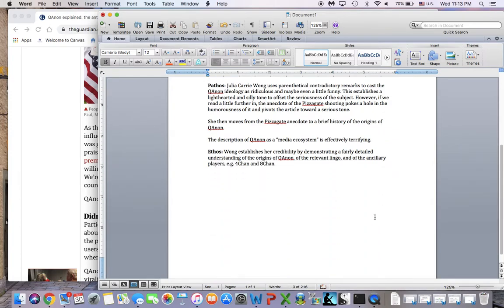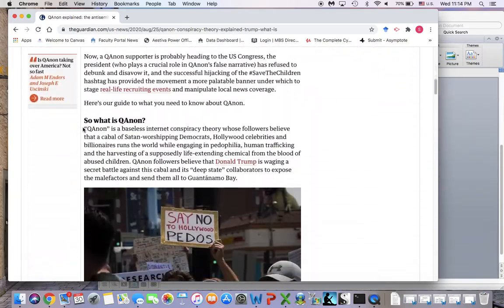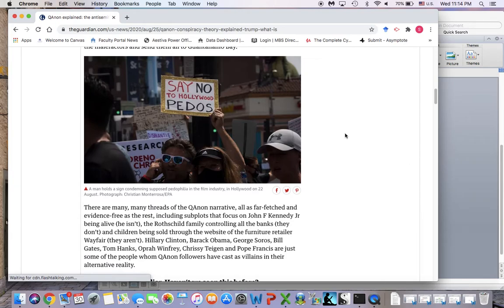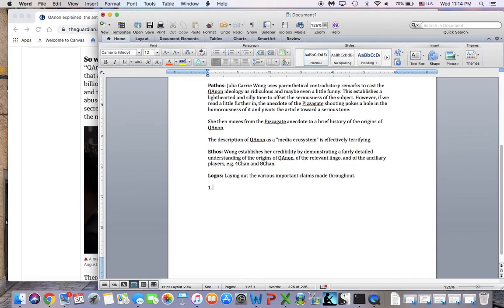So now logos. This is the kind of where we get the structure of our paper from. Okay. Logos is a matter of laying out the various important claims made throughout. Okay. We're just going to number them like we did last time I did a screencast. Okay, so let's go back up here. Big important things. QAnon, the first one is that it's a baseless conspiracy theory. Okay, that's the first claim they make.